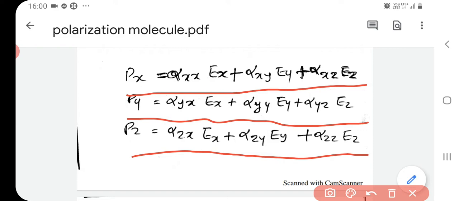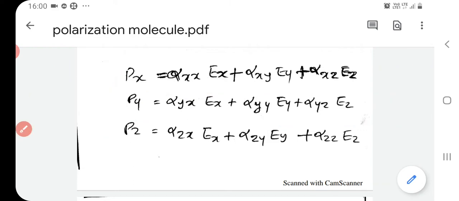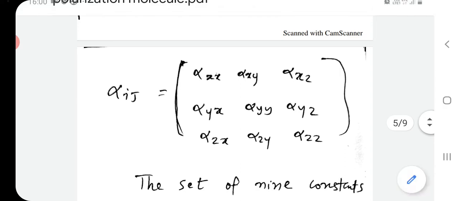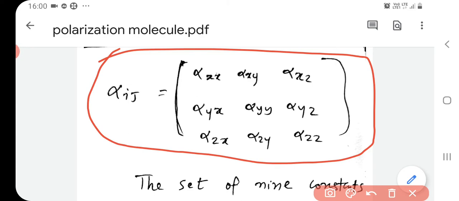So the three components, we know the dipole moment is a vector. The three components px, py, pz are given by this. Ex, Ey, Ez are the components of the electric field in the x, y, z directions. So in this case, the polarizability alpha is a tensor, alpha ij, consisting of 9 components, alpha xx, alpha xy and so on.